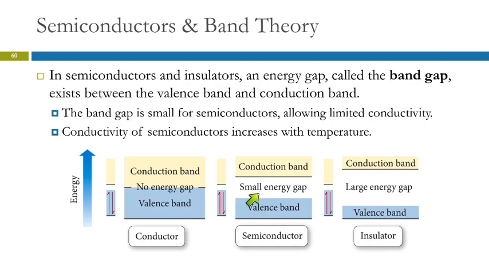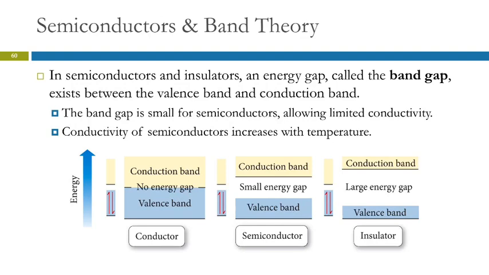And you're thinking, heck yeah, it's worth $50 to get to where I'm going faster. So this is a small energy gap. So some of these electrons do make it into the conduction band, and so the semiconductor conducts electricity a little bit. The insulator doesn't, because that gap is too big. It just is not going to conduct. All of these electrons are stuck down here.